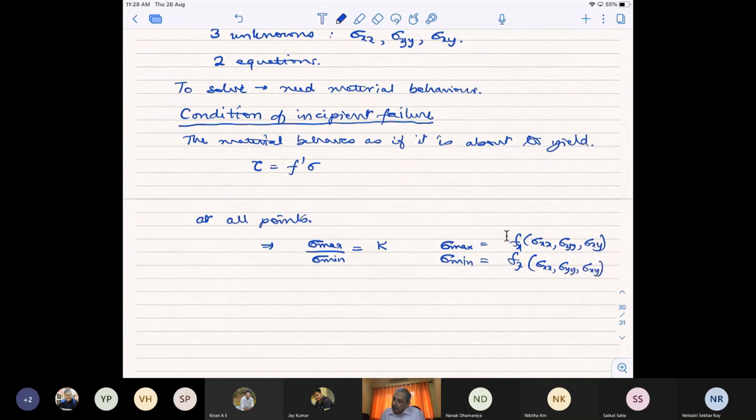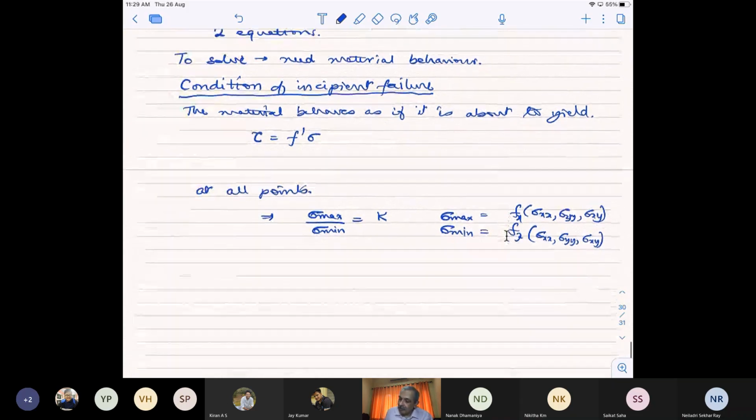If we are given these components, we know how to calculate sigma max, and we can calculate sigma min. This gives us a relationship between sigma max and sigma min, that is k. So that gives us one additional equation to calculate sigma xx, sigma yy, and sigma xy.